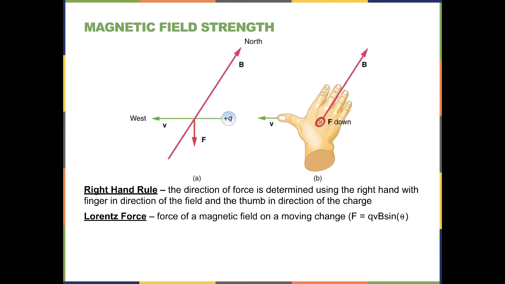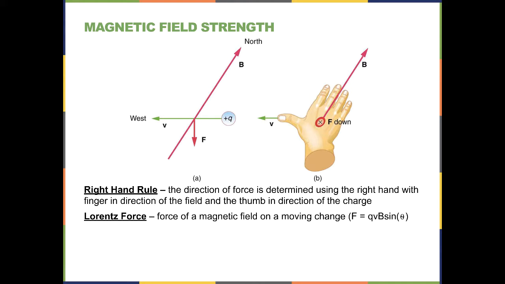The force of a magnetic field on a moving charge can be described mathematically with the following formula called the Lorentz force. That force is equal to the charge times the velocity of the charge times the magnetic field that it's passing through times the sine of the angle between the direction of the charge and the direction of the field.